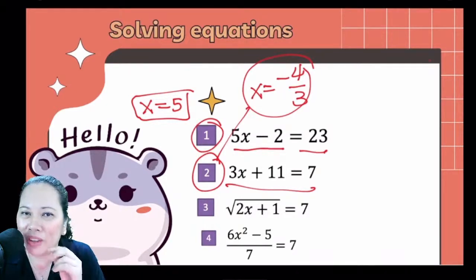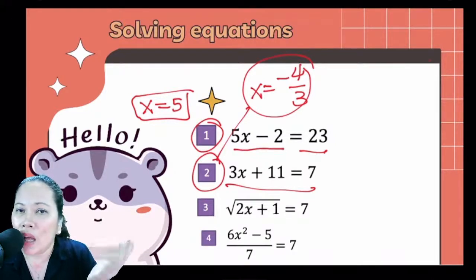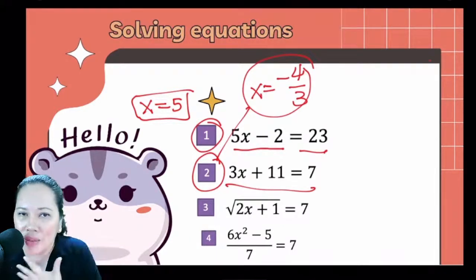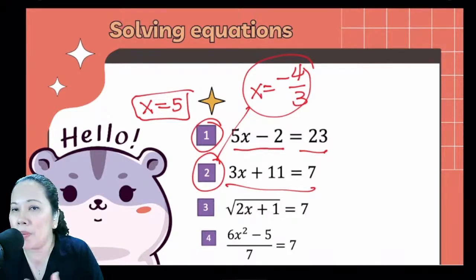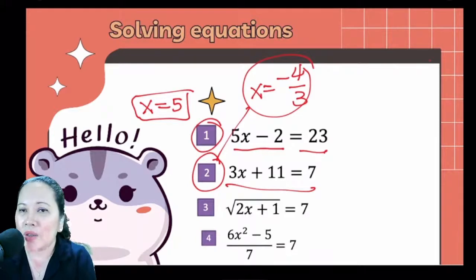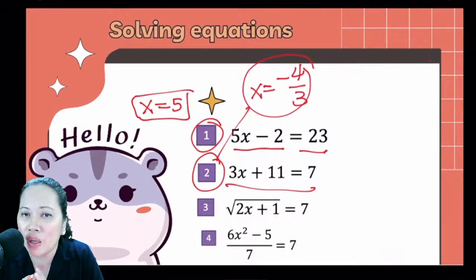How do you simplify if you encounter a square root on one side of the equation and there is no square root on the other side? So if this would happen, the opposite of square root is a square. The opposite operation or sign for square root will be a square. So what you do is you square both sides of the equation so that the square root will be removed.